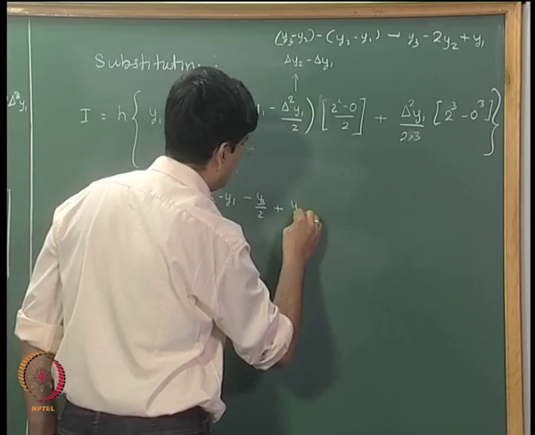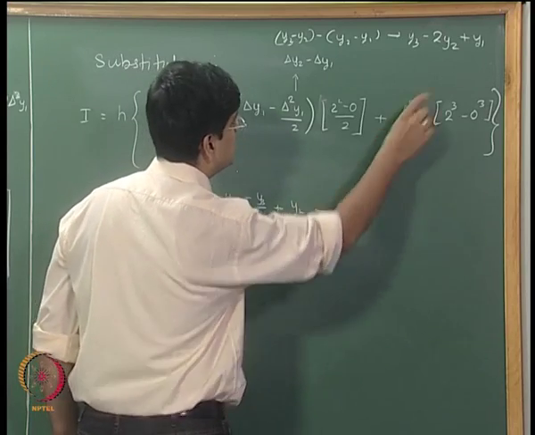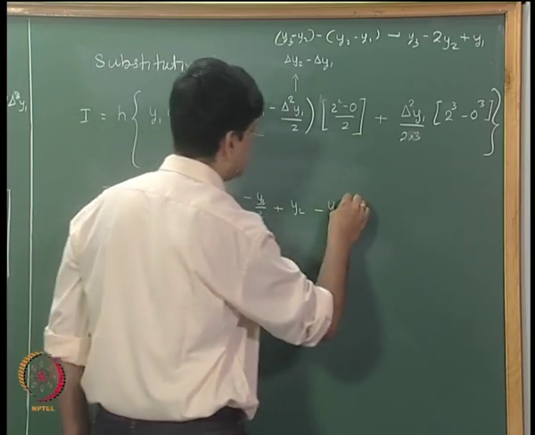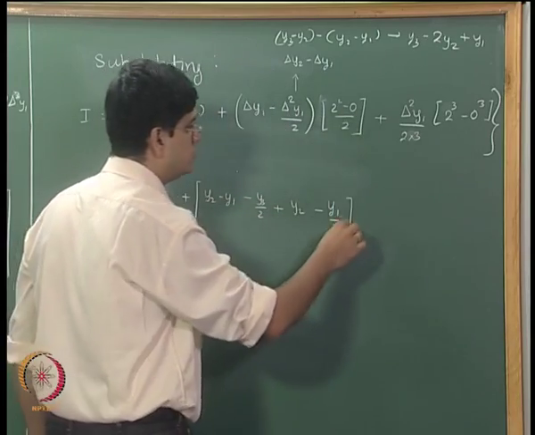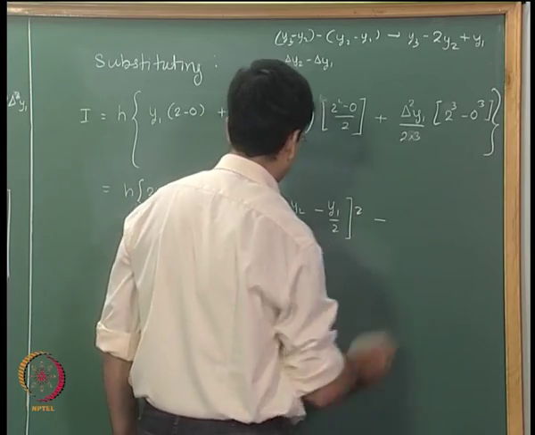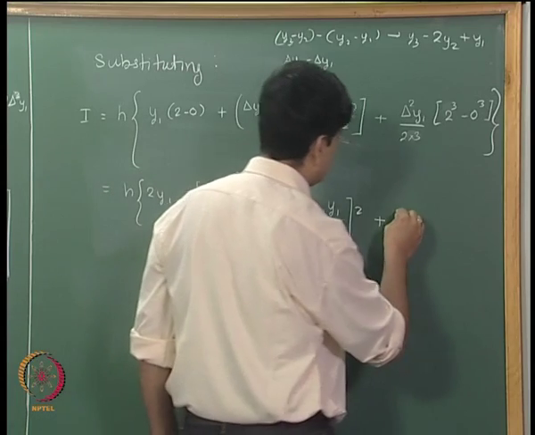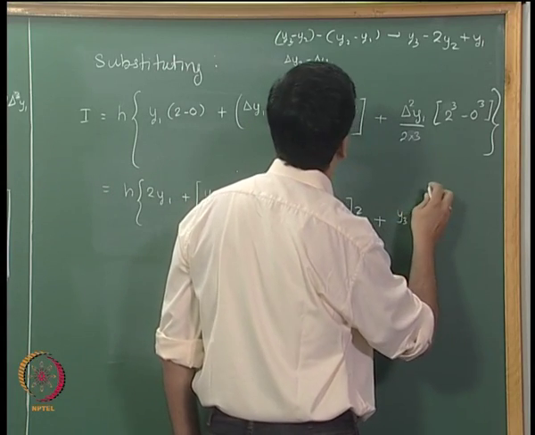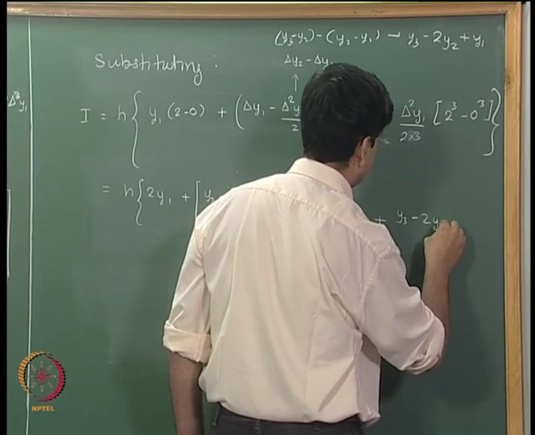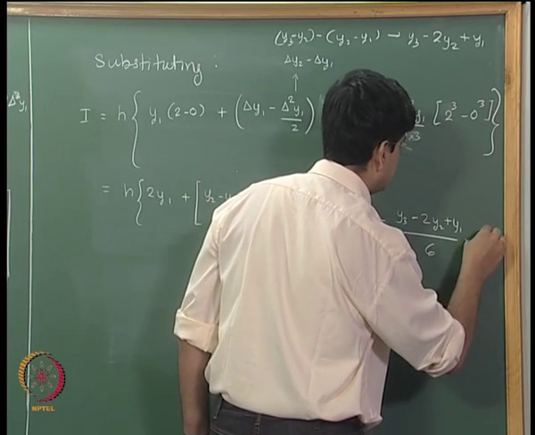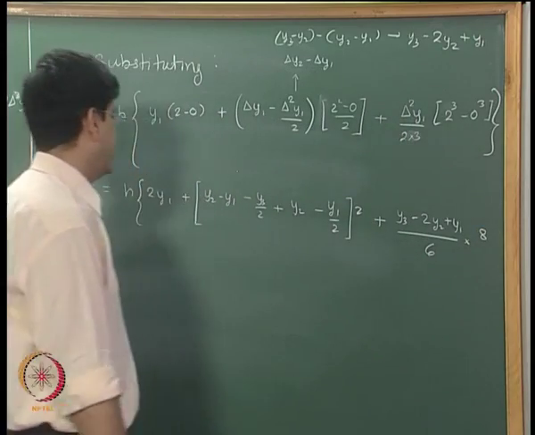So that is going to be y2 minus y1 divided by 2. Okay. This multiplied by 4 by 2, that is 2, and plus delta squared y1, that is y3 minus 2 y2 plus y1 divided by 6 multiplied by 8.